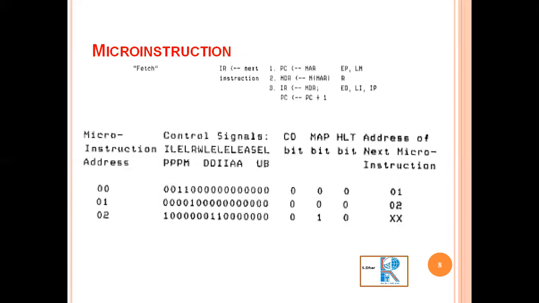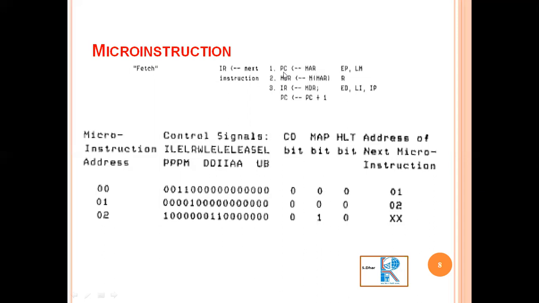Now here is one example of how to use the micro instruction. You know that for any instruction, the main thing is to fetch the instruction. So fetch, you know already. What are the different micro instructions? First is PC to MAR. One correction here: I have already told you last day that it should be PC to MAR, not MAR to PC.